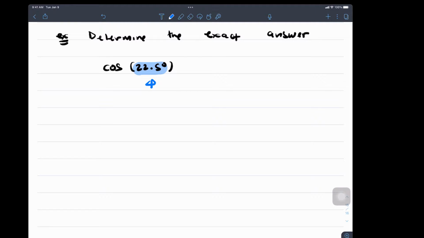Okay. So what is this angle if it's 22.5? Isn't that 45 degrees over 2? So this would be cosine of 45 degrees over 2. Easy breezy lemon squeezy.